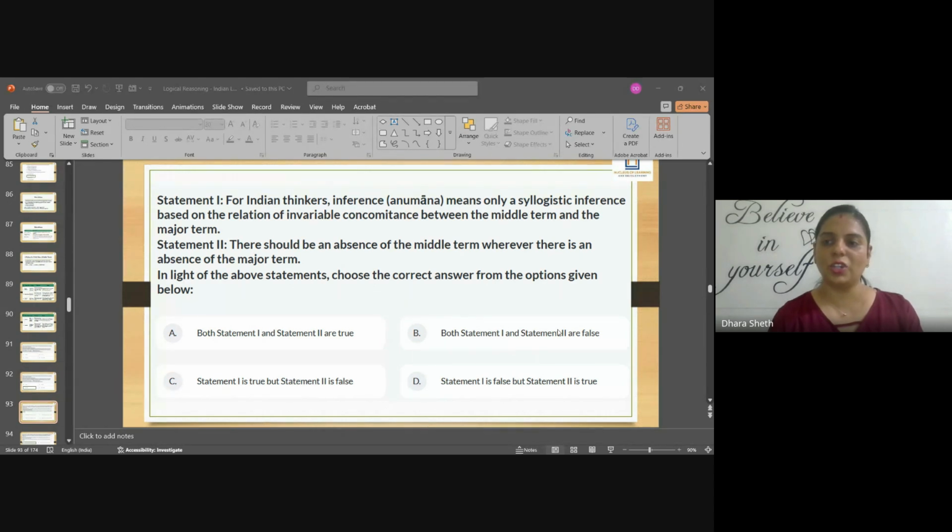What is invariable concomitants? Vyapti. What is middle term? Reason or hetu. What is major term? Sadhya, what we are trying to prove. Statement 2. There should be absence of middle term wherever there is absence of major term.